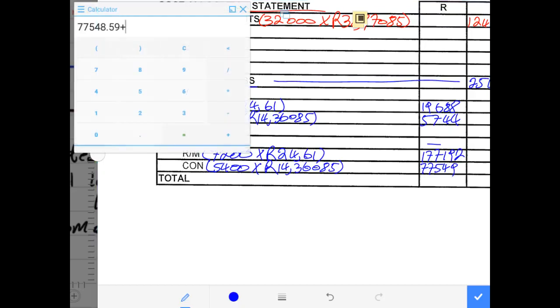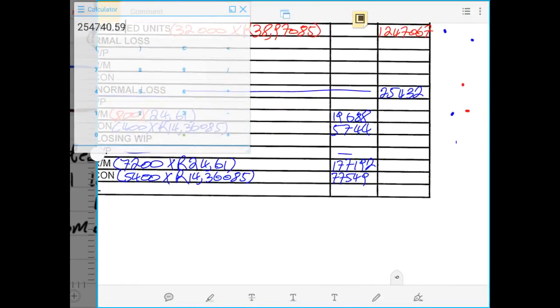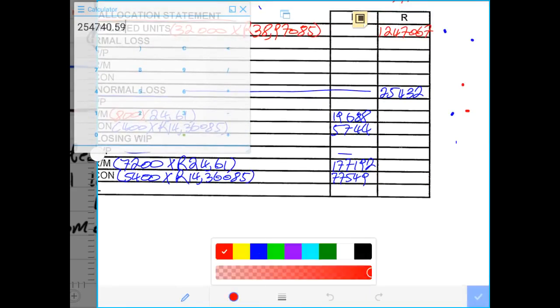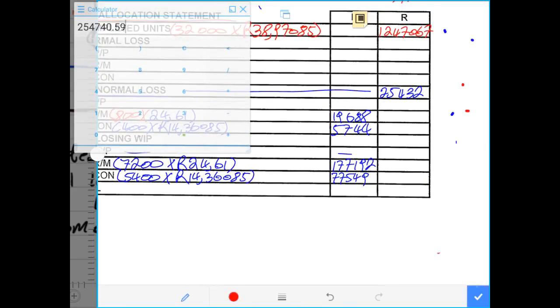Then we add the two, plus 177,192. That will give us the total of 210, sorry, 254,741.